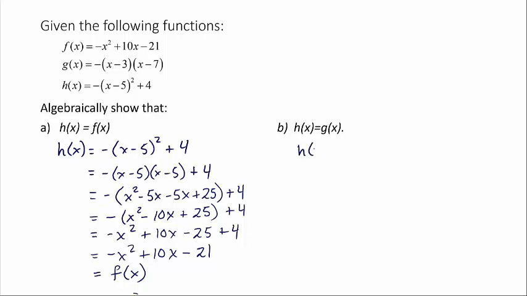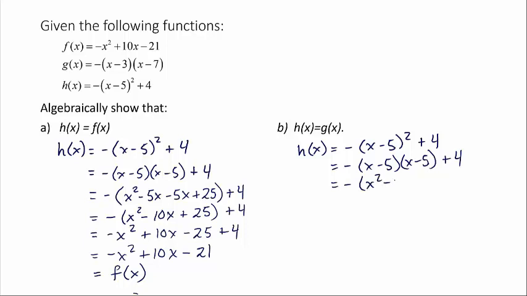So over here we're going to show that h of x is equal to g of x. In a similar fashion we're going to start with h of x, and that's equivalent to negative times the quantity x minus 5 quantity squared plus 4, equal to negative x minus 5 times x minus 5 plus 4. So we have negative x squared minus 10x plus 25.